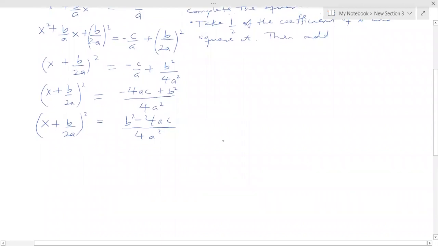Right. So now we're going to isolate the x. We're going to solve for x. So to solve for x, that means that I have to take the square root of the left side and then take the square root of the right side.